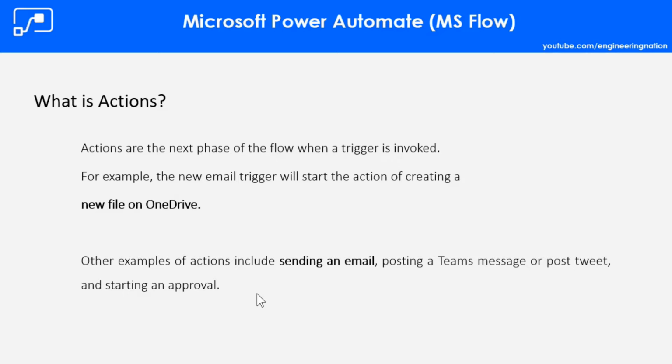So whenever the trigger is invoked in Power Automate, the next step is an action. An action can be sending an email, or posting a message in Microsoft Teams, or in Twitter with the help of the Twitter connection, or starting an approval. So this is what the meaning of actions is.